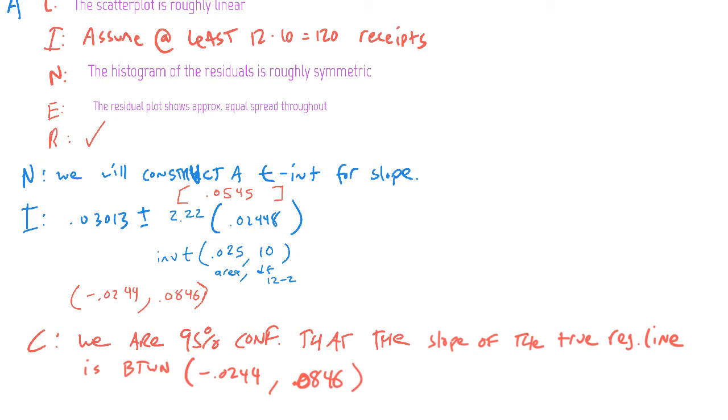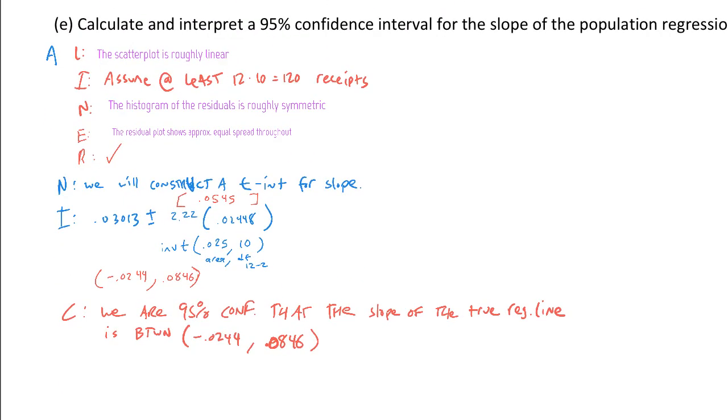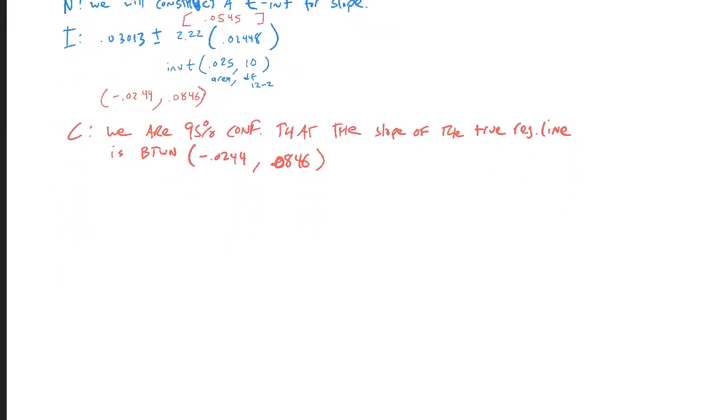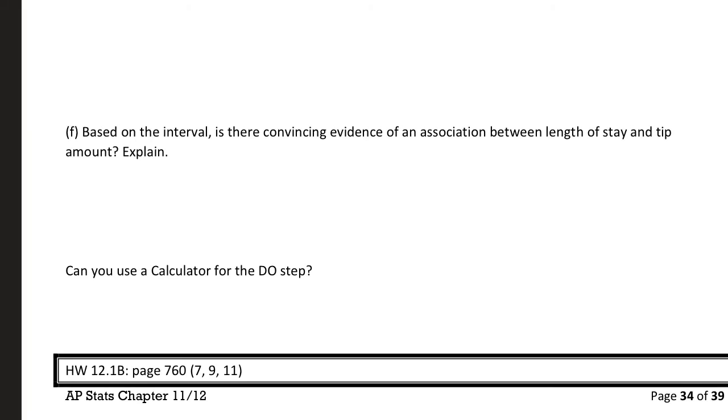And now, this whole question was really asked as a question. This should have been a test, but it told us to do panic. But it should have been a test. Is there a correlation here? Do people who stay longer leave bigger tips? And so what we're really asking, based on this interval, is there convincing evidence of an association?